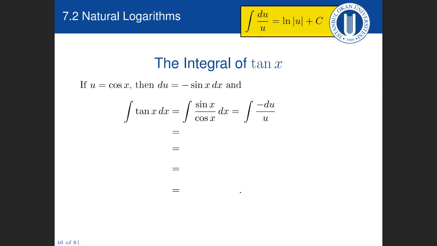We almost have exactly what is in the yellow box, just with an extra minus sign in. So of course that's minus ln absolute value of u plus c, or minus ln absolute value of cos x plus c.